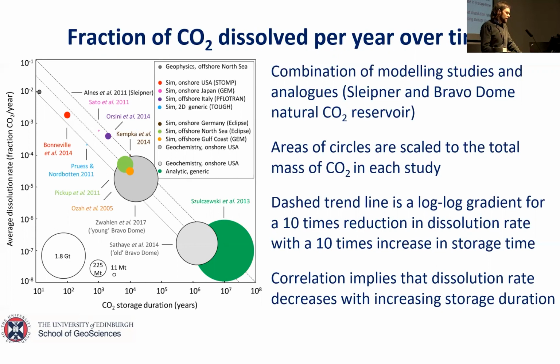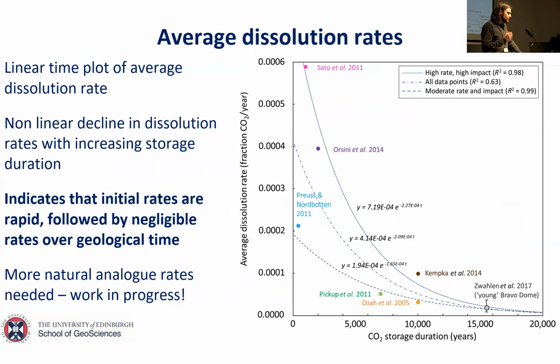And then looking into more of the natural analogues, which is work that we're now starting to do, taking these particularly US natural analogues where we have data and long-term CO2 storage, and trying to work out how much CO2 is dissolved in those fields over what sort of timescale, and also looking at how much dissolved on emplacement versus how much is being dissolved through time.